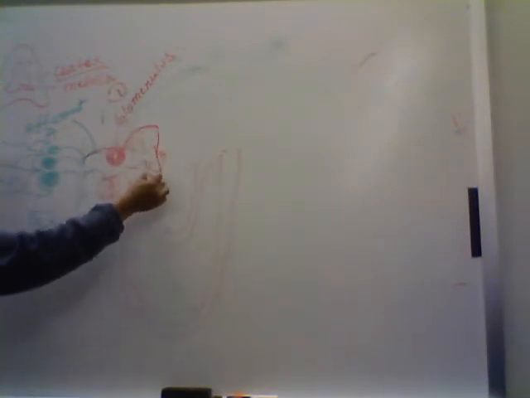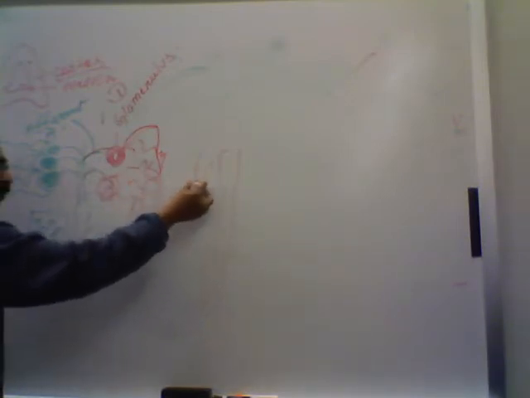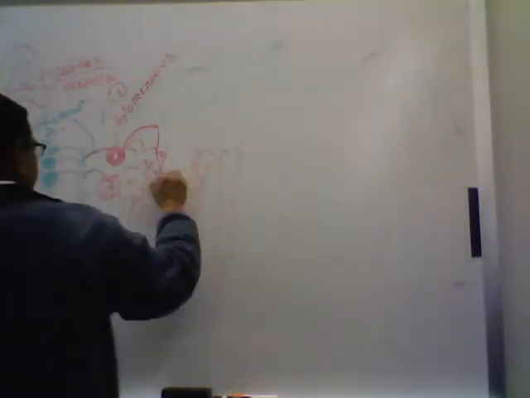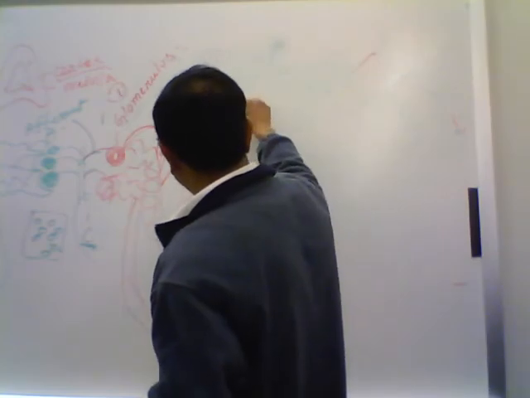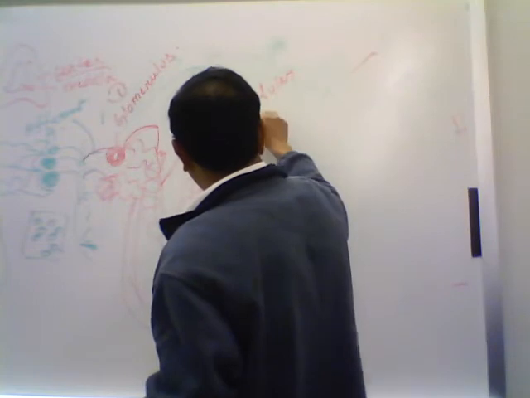This one is short looped, cortical. This one is long looped, juxtamedullary. Okay, what happens? The efferent arteriole, you see, this is the efferent arteriole, will go around the short loop of the cortical nephron and form the capillary structure. This capillary is called peritubular capillary.